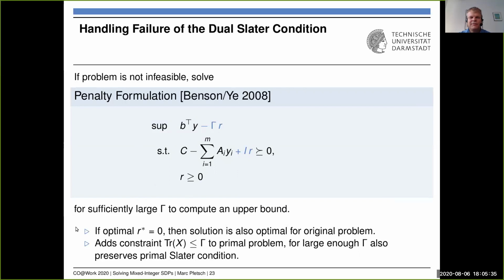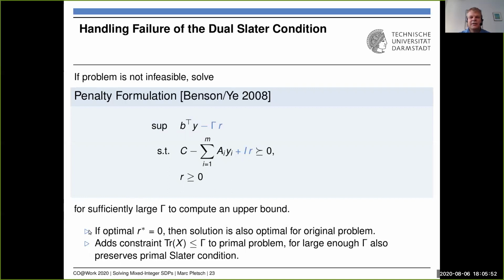Now, if the optimal value of this SDP here is 0, then the solution is also optimal for the original problem, because then this term here vanishes and we are feasible.